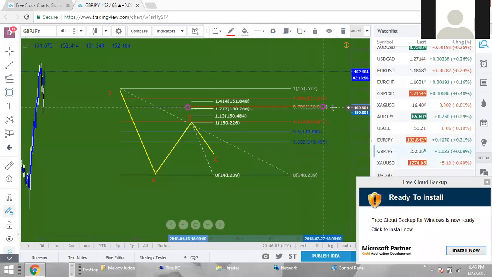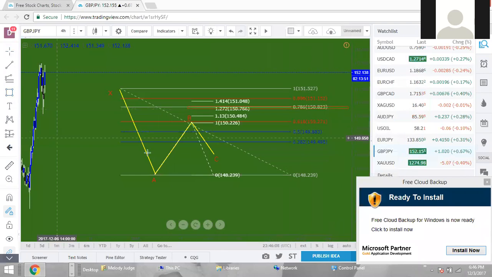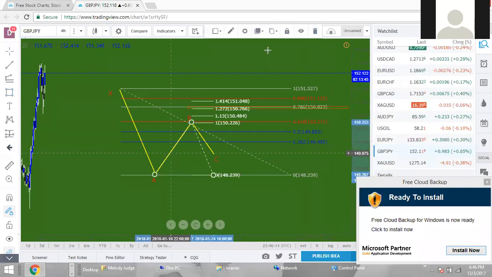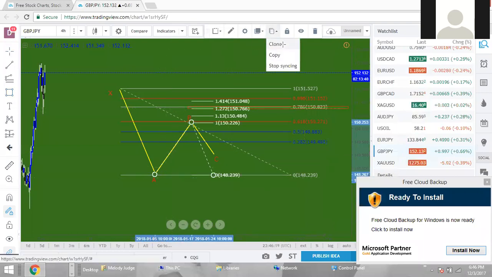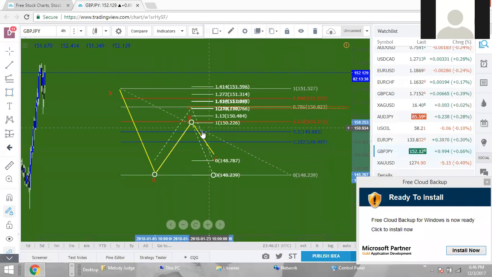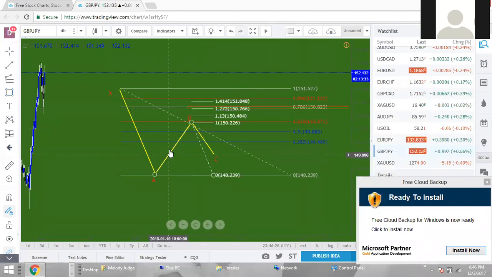So we'll be looking to get into the market in between the 127 and the 786, which should also be an equal measured move. So our AB leg, we clone it. Our AB move, I cloned the Fibonacci extension, so let's get rid of that.